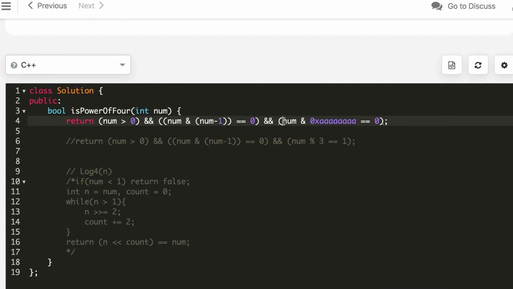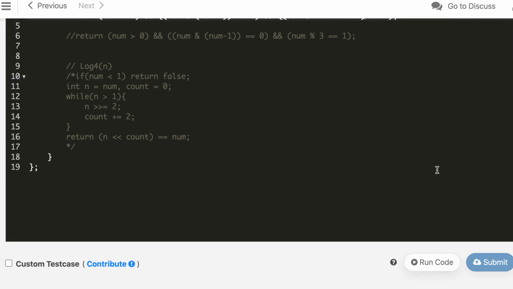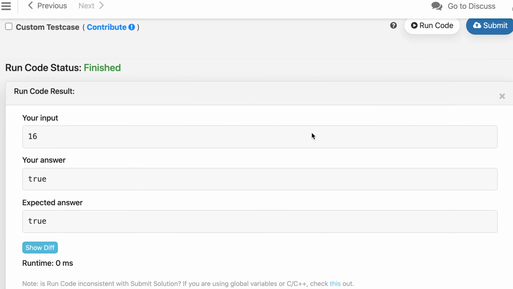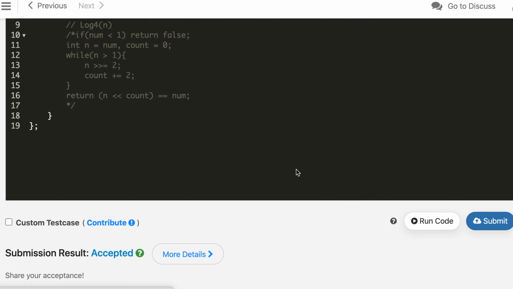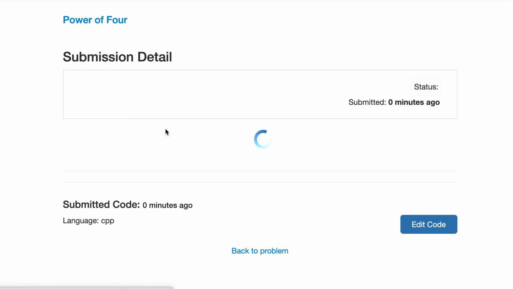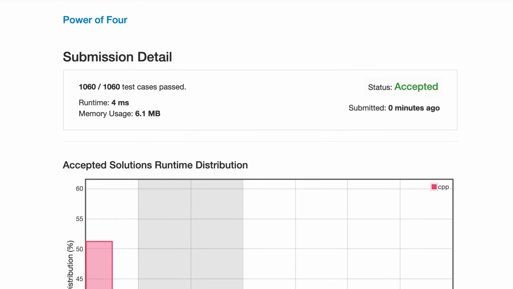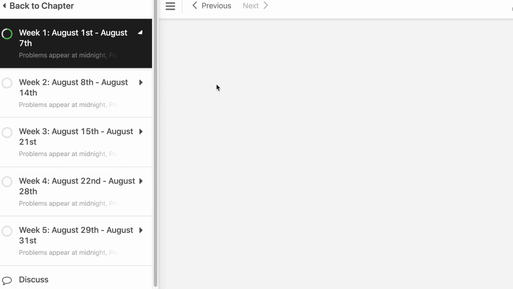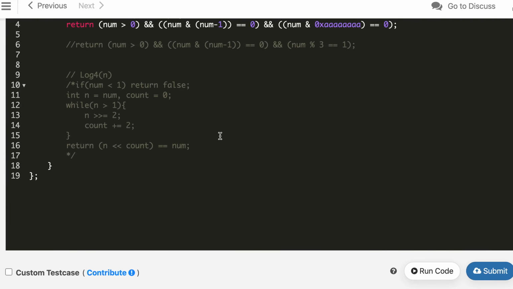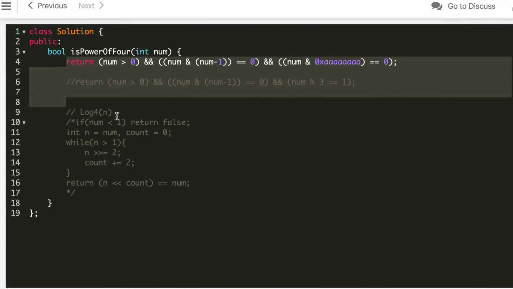So this is giving false. Let's add one more bracket here. This solution is also accepted, and it's just a matter of time. You got 4 milliseconds. If you run it a few times, you will get 0 milliseconds. So I hope you enjoyed and understood all the 3 solutions.